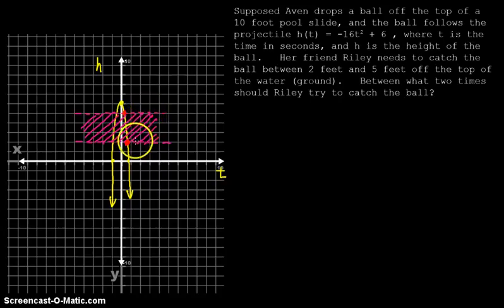So I'm looking for where the times are for this point and this point. In other words, what is the time for when the height is 5 feet, and what is the time when the height is 2 feet? And then I just say, well, it's between that. That's pretty easy. And of course I ignore the left side because there's no such thing as negative time.